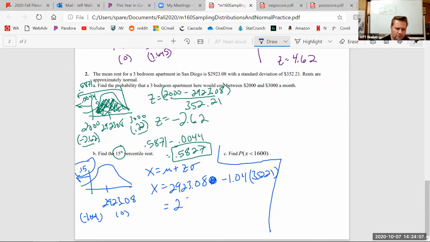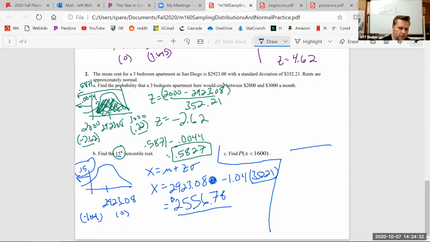Don't let me try to change it. 2556.78. I don't know why I doubled this, but oh well. So that means that 15% of people would pay less than this for a 3-bedroom place in San Diego. Sounds about right.